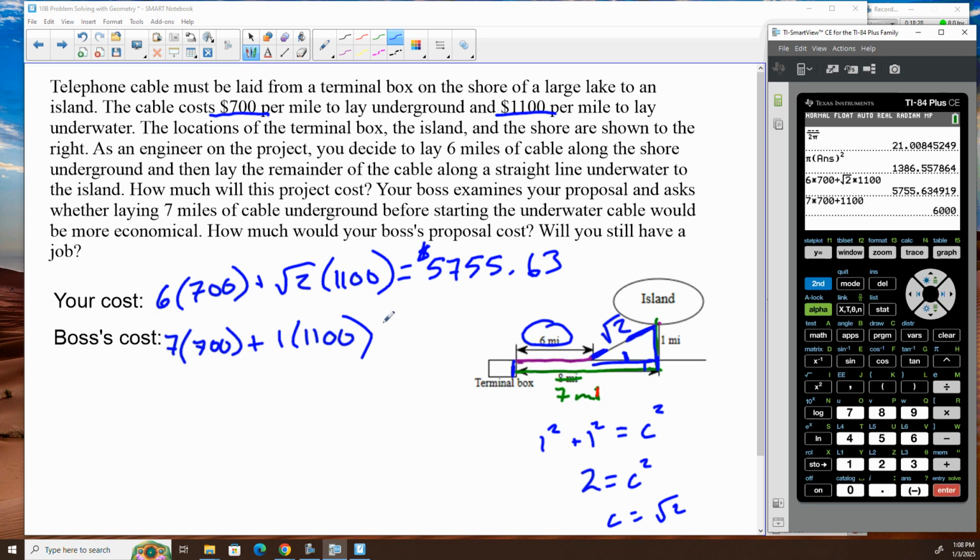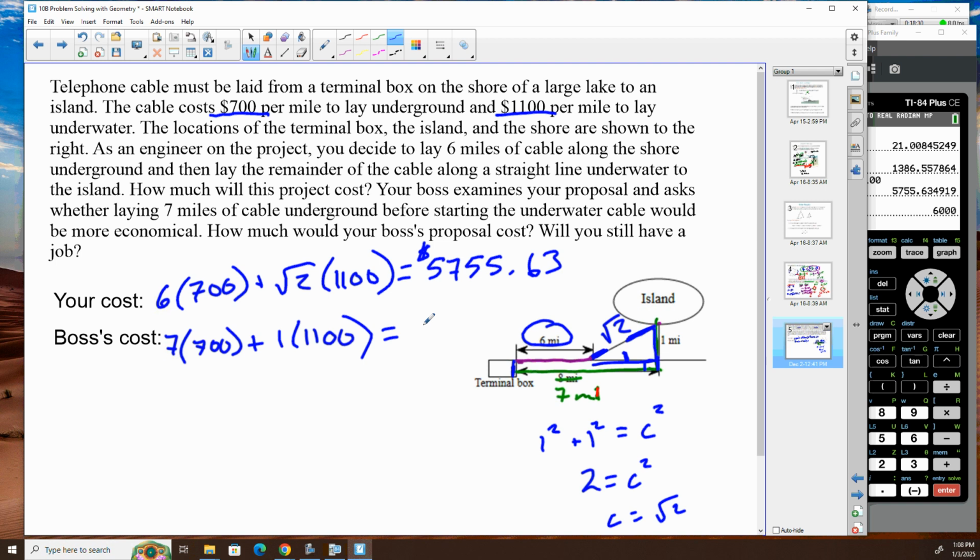And his is going to cost $6,000. Okay, so based on that, I would say, yes, you'll still have a job. Your proposal saved almost $300. Your boss's would cost an extra almost $300, $250-ish.